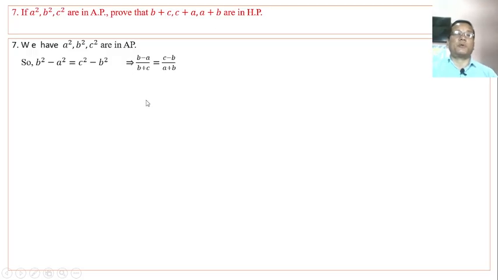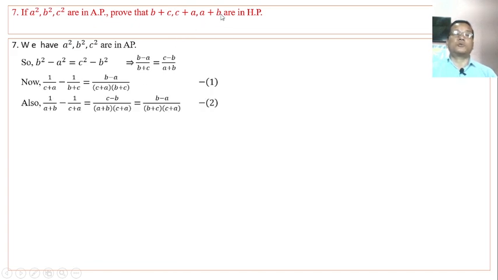Since they are in AP, take the reciprocal of the third term, 1 by a plus b, and the second term, 1 by c plus a, and put in equation 1. Simplify to get c minus b by a plus b, equal to b minus a by b plus c.